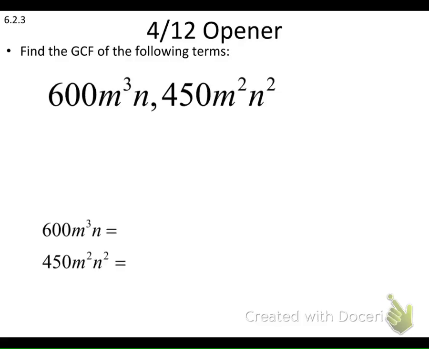Let's start with 600 m to the third n. Who can give me some factor pairs of 600? That's the easiest way to start off. 1 and 600, very good. So I have 1 and 600.